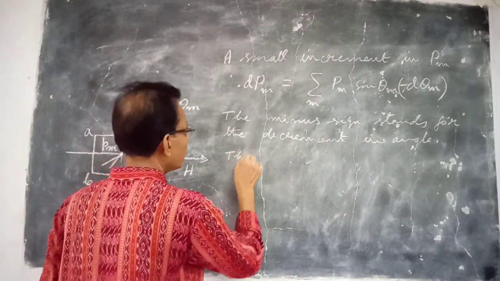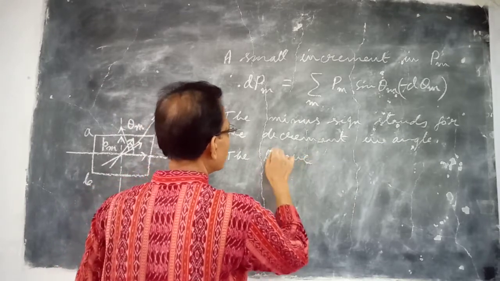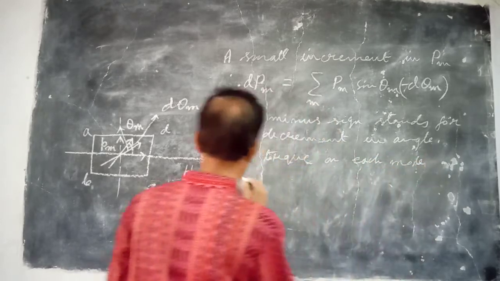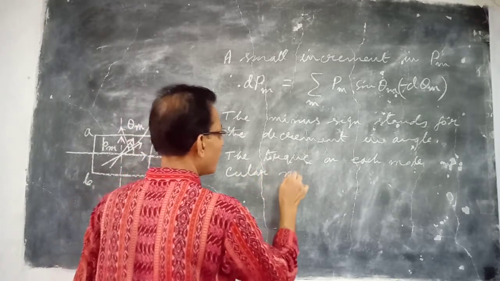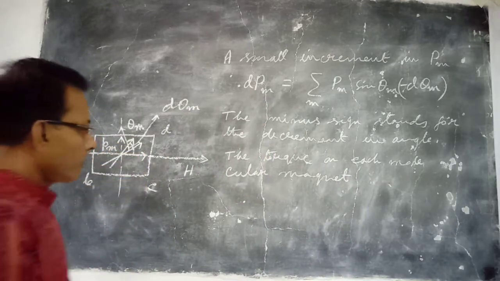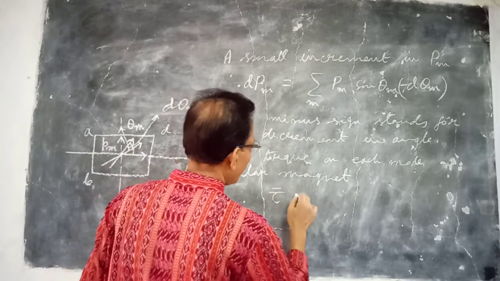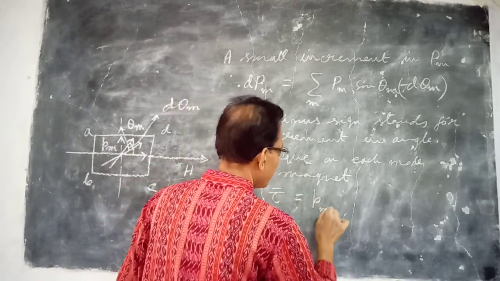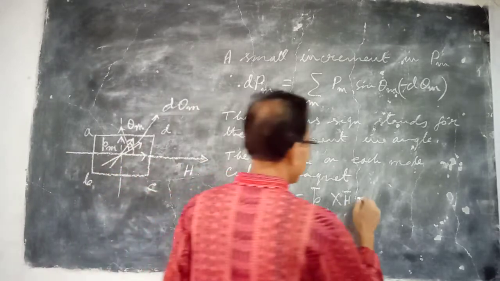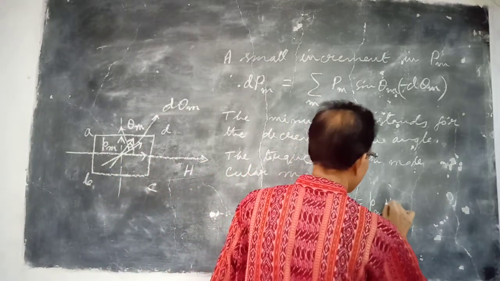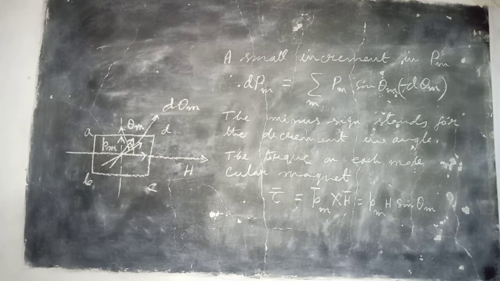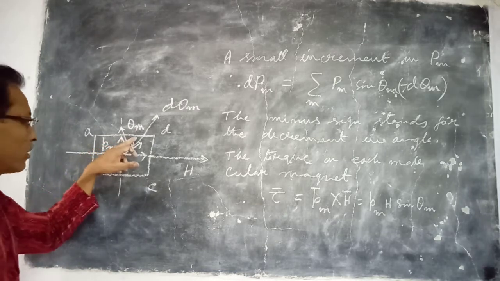The torque tau is equal to Pm cross H, the cross product of these two, that is PmH sin theta. This is the torque experienced by this molecular magnet.